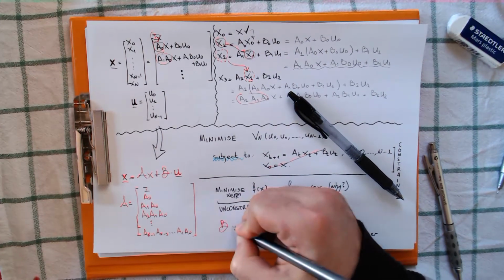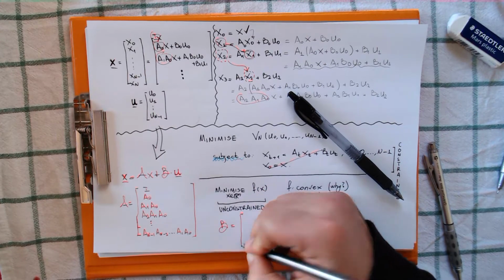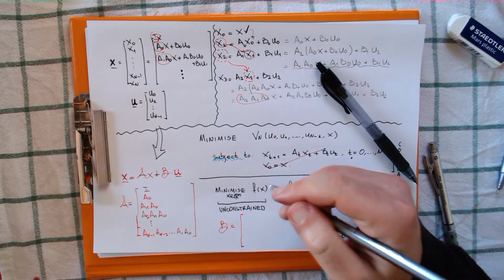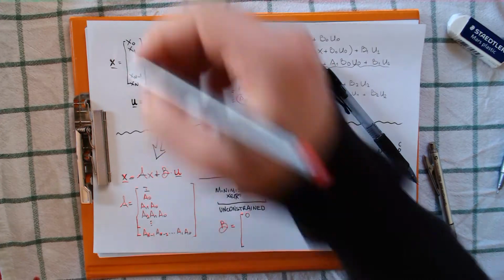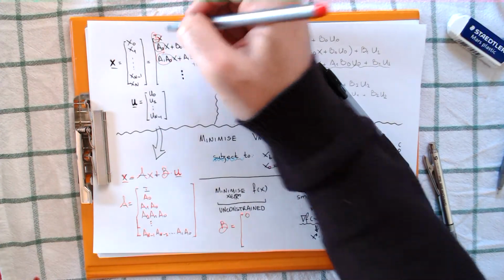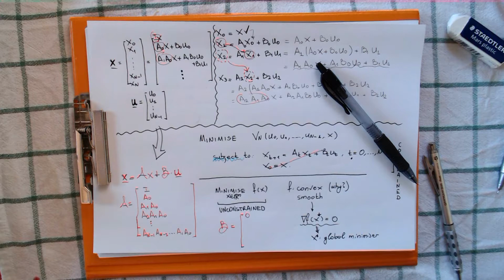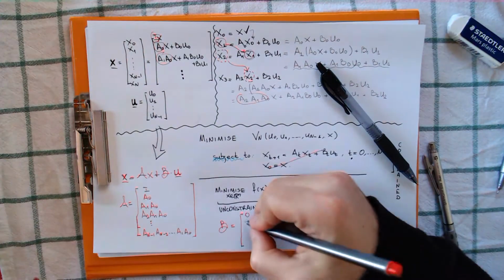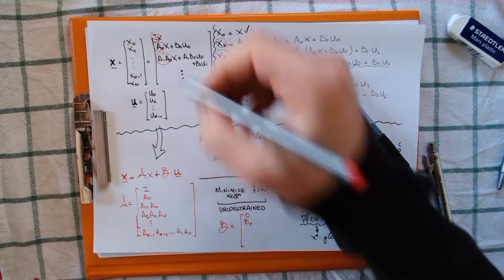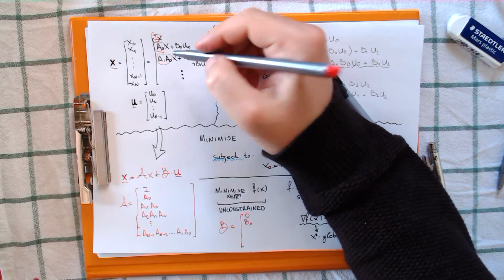What is matrix B calligraphic? So this is now simply 0. The first one doesn't depend on u0 or u1 or u2 and so on. The second one, we have a B0 here, B0 times u0.